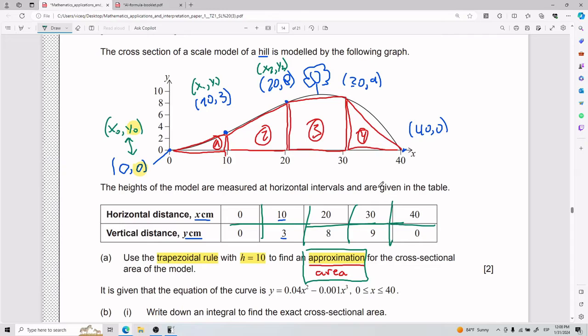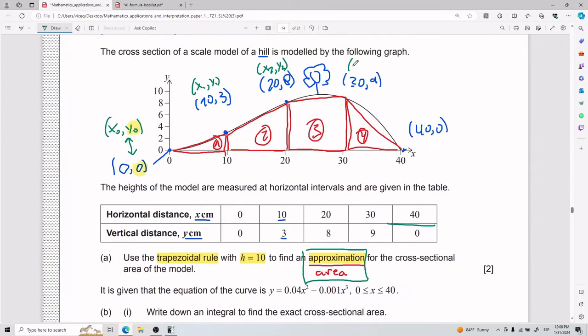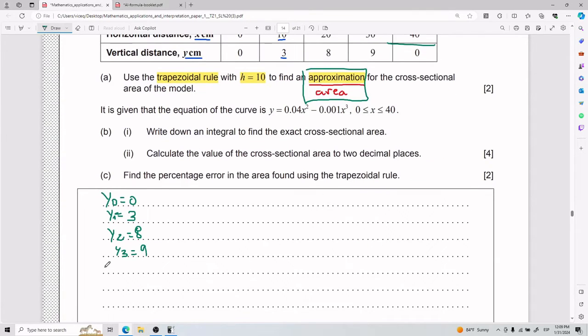It's arbitrary, you define it, but they're usually going to give you the points. Y2 is going to be 8. By now, you've probably got the idea. So y3 is equal to 9 and y4 is equal to 0.